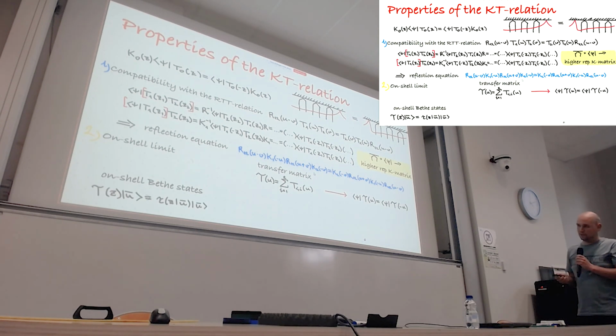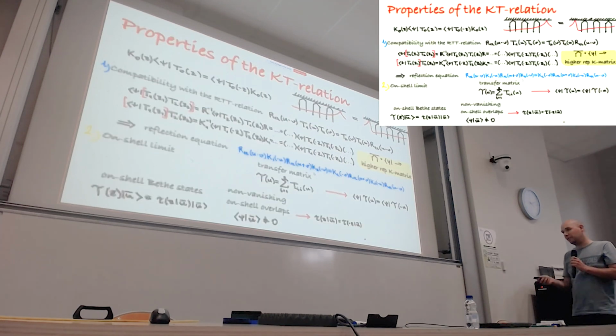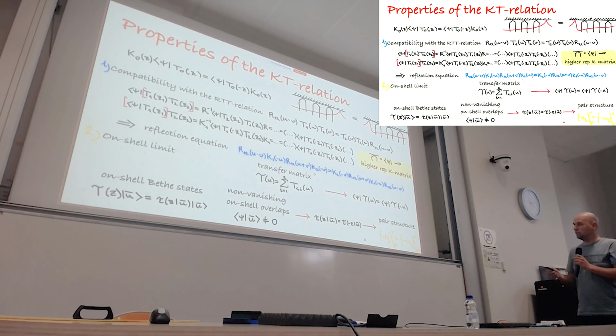An on-shell beta state is an eigenvector of the transfer matrix. So we can apply this relation to the beta states, and the non-vanishing on-shell overlap requires this condition for the eigenvalue, and this is equivalent to the beta roots satisfying this pair structure. This means that the set of beta roots is equal to the set with the opposite signs.